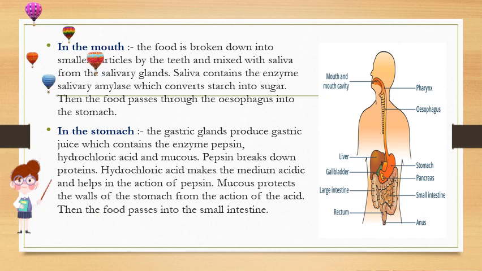The first is hydrochloric acid, and we have a protein digesting enzyme called pepsin, and it also secretes mucus. The enzyme pepsin acts on the food, and the hydrochloric acid facilitates the action of pepsin. The mucus protects the inner lining of the stomach. That is the major function of mucus.